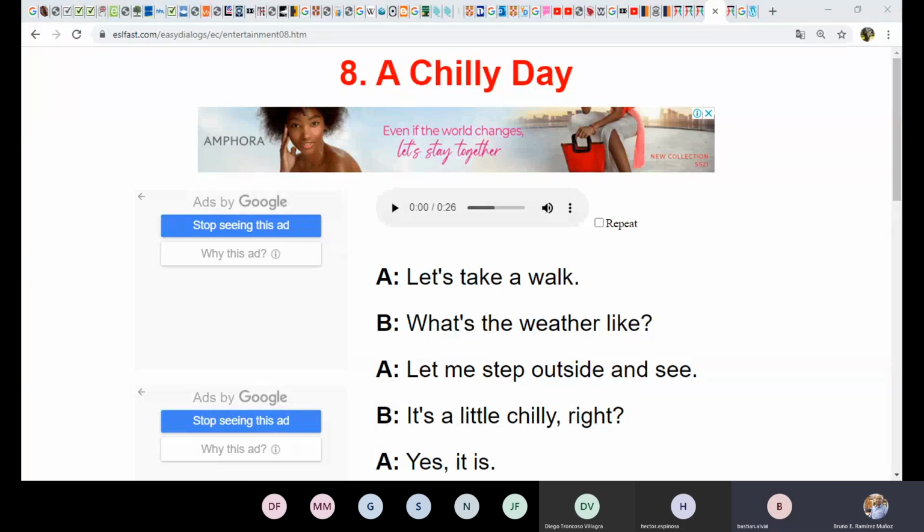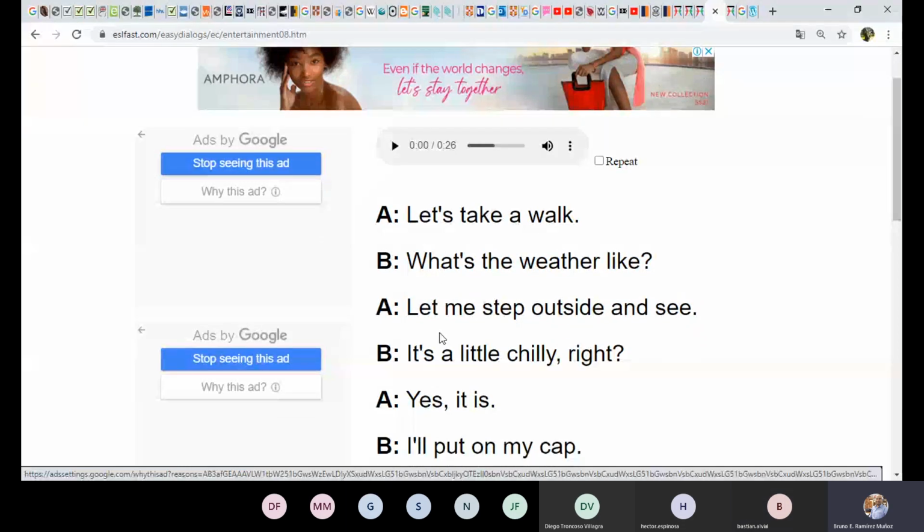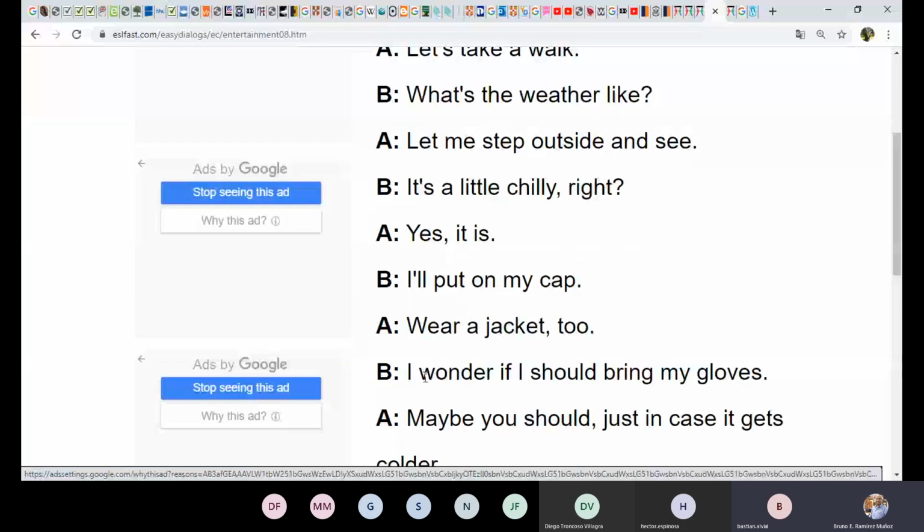I'm going to post these links that you can find in the PowerPoint slide. The idea is that you can go to any of the dialogues that you can find here. You need to agree on one specific dialogue, and you can listen first, and then do some speaking practice, and then identify specifically which words are pronounced using their weak forms.